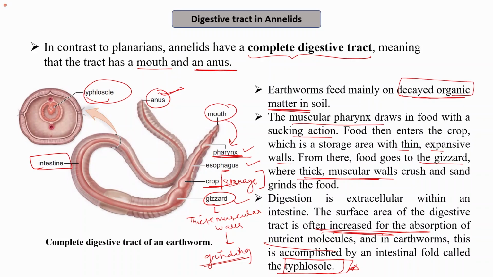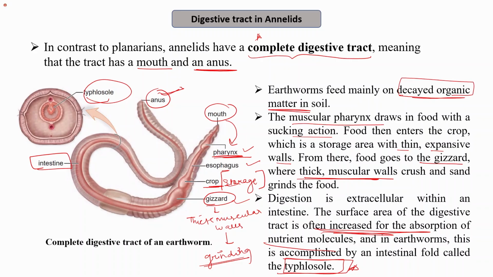So they have a complete digestive tract. That is, they have a mouth and anus, and as I mentioned, the food passes from the mouth to the pharynx, and from there it passes to the crop, and when required it passes to the gizzard, where it undergoes grinding.